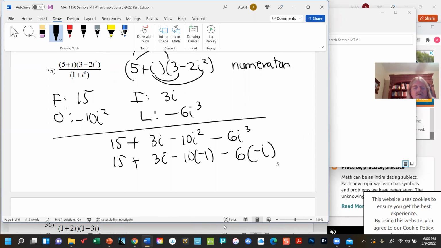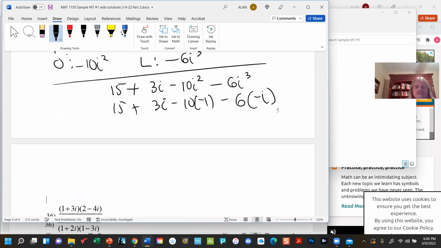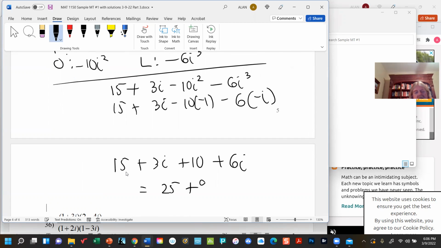All right, so what does that leave us with? So 15 plus 3i plus 10 plus 6i. So yeah, we end up with 25 plus 9i. This is the numerator.